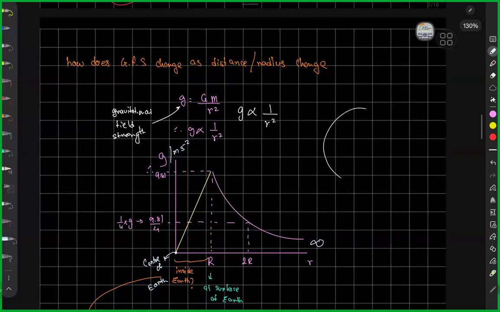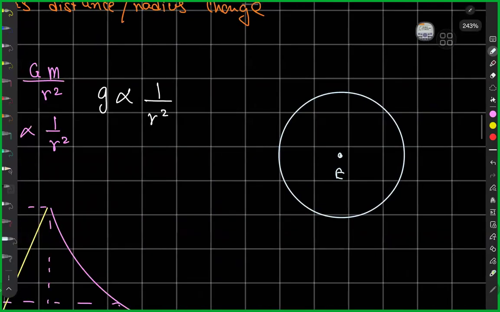If this is my Earth, right? This is the center of Earth, right? And let's position a piece of object, 1 kg of mass. Let's keep it simple. Over here. You know what happens over here? Now, since you're inside the Earth, something has happened.